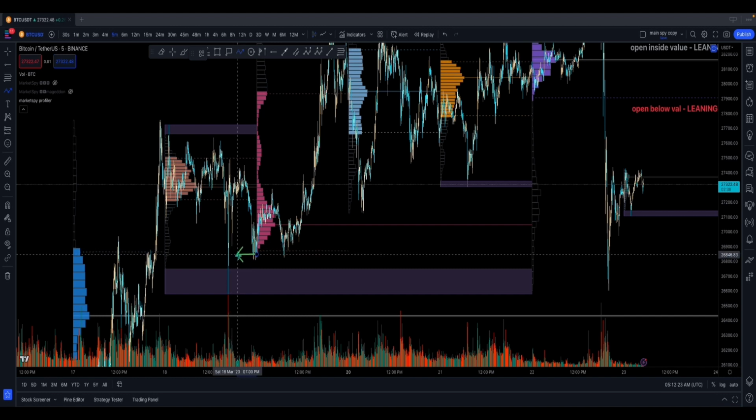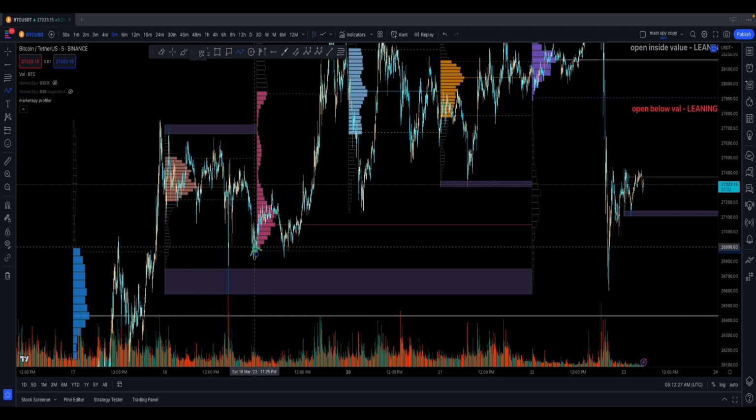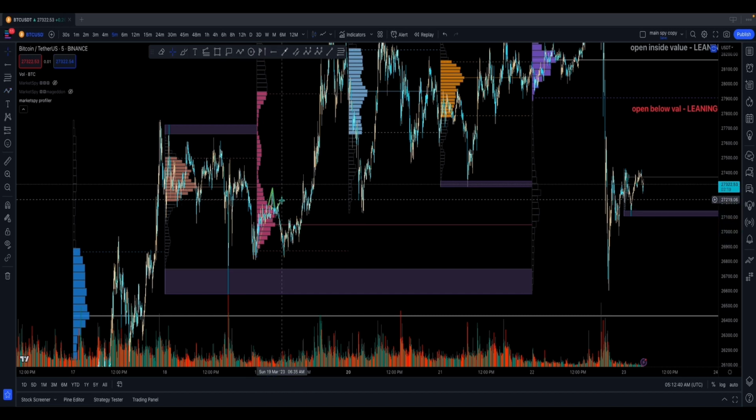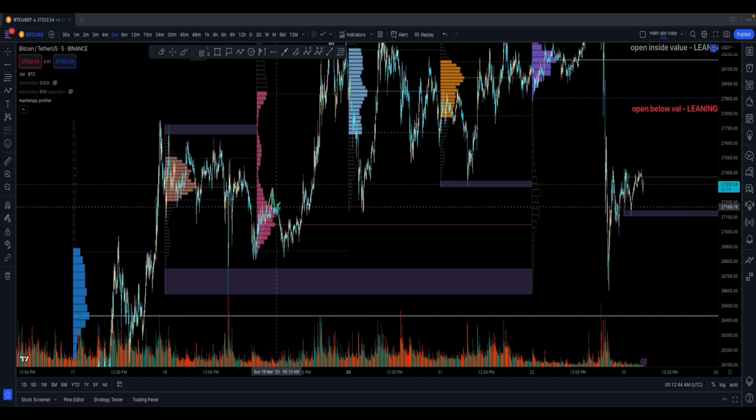We just tested this value. There's zero value in between. Where can we go? To test value. And so what do we see? We see us come up, test the most traded price of yesterday, and reject. So as soon as this happens, we have a trade opportunity.